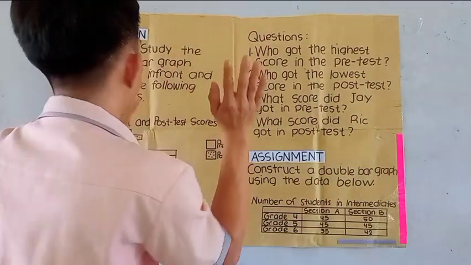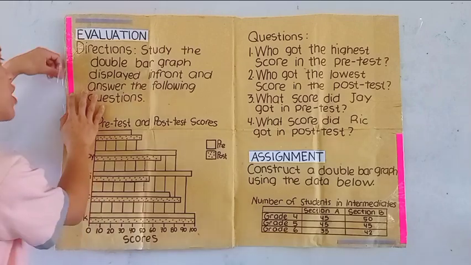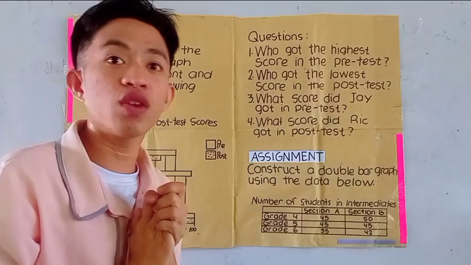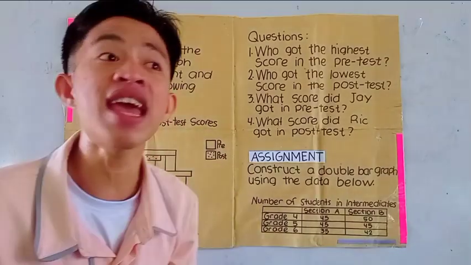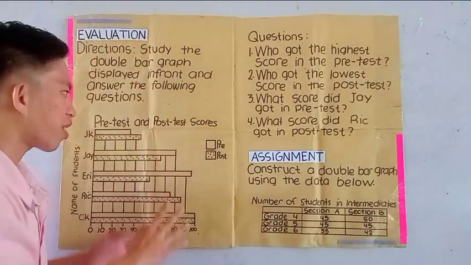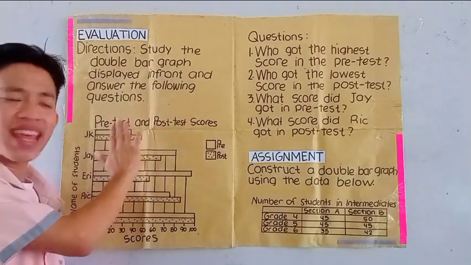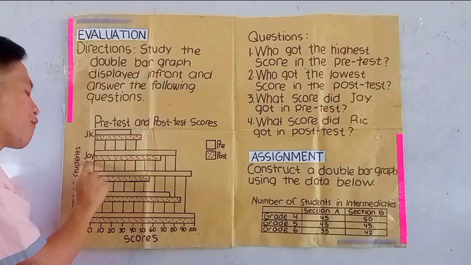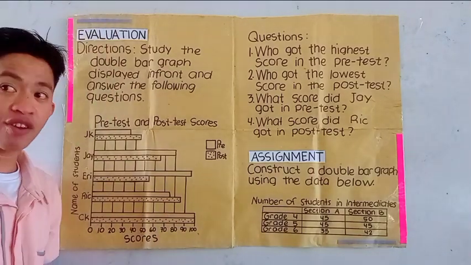Now let's evaluate. Directions: study the double bar graph displayed in front and answer the following questions. As you can see, this is the tabular form of the double bar graph. It is all about pre-test and post-test scores of the 5 students. Who are the 5 students that can be found in the double bar graph?